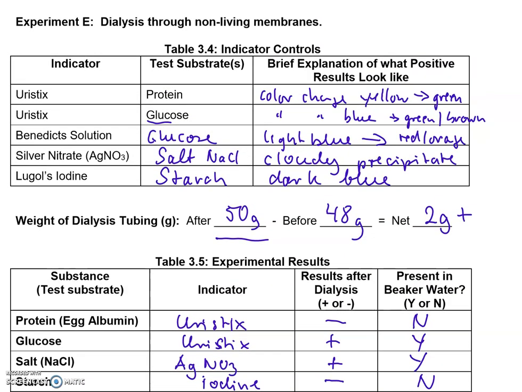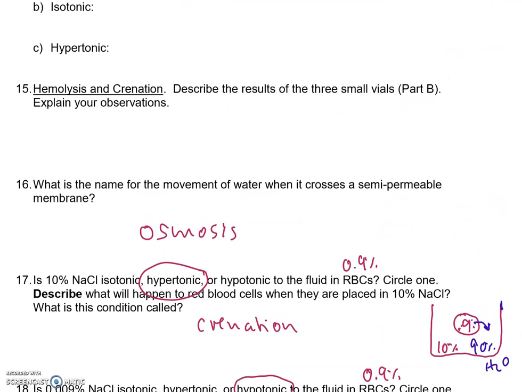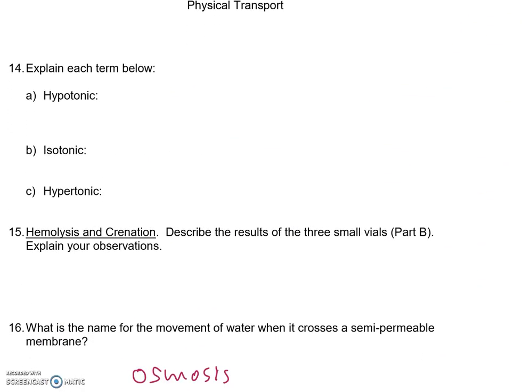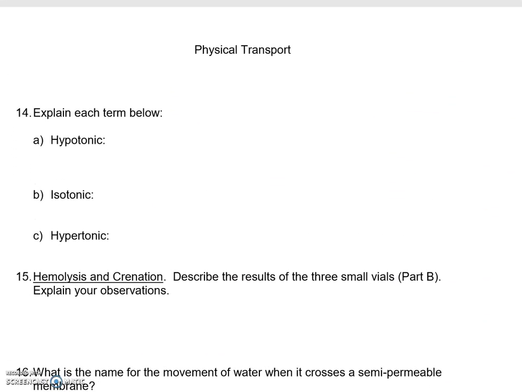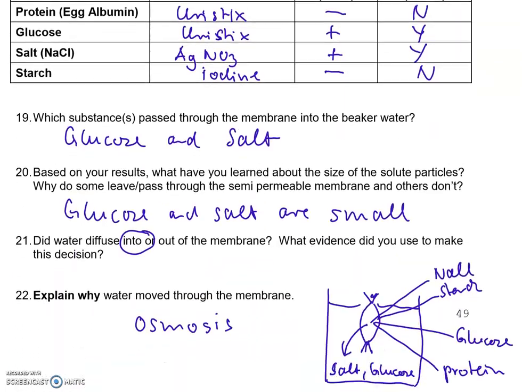So here, these indicator controls, what these things look like when they're positive or negative. And just kind of go over the questions here. You should be fine. Definitely start out with the important terms page on the very front there. So you should be fine.